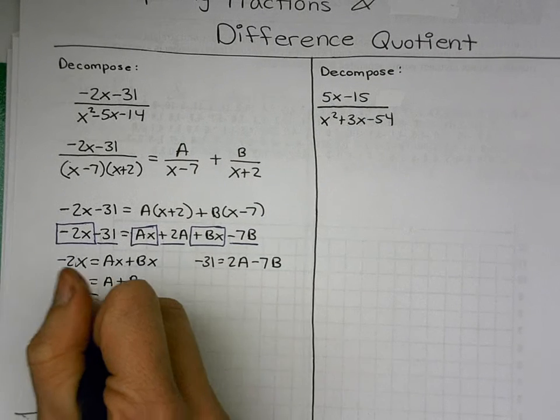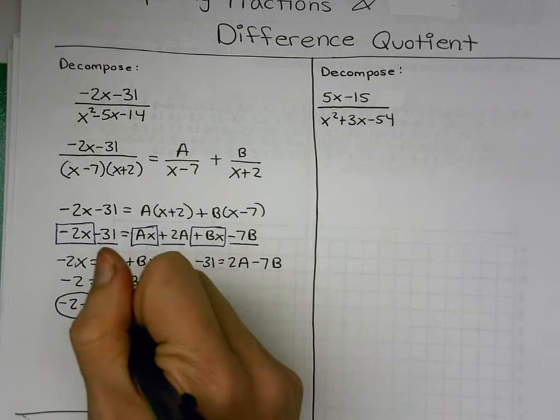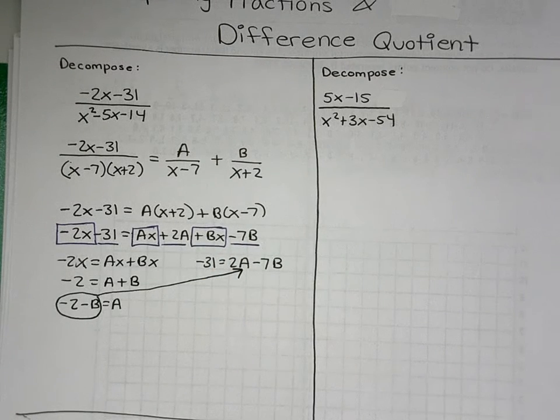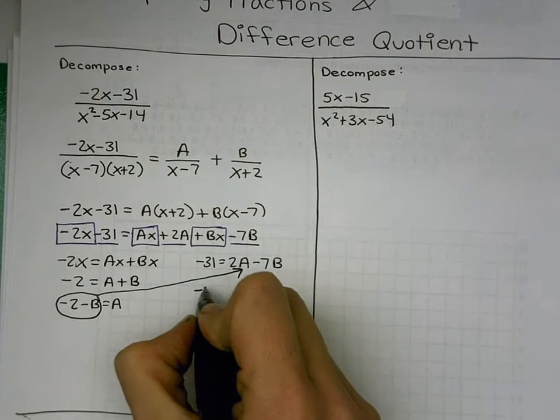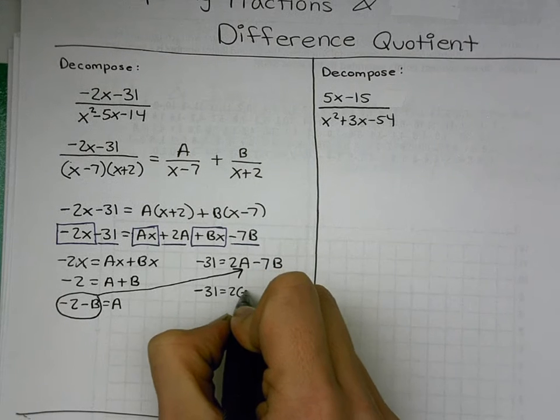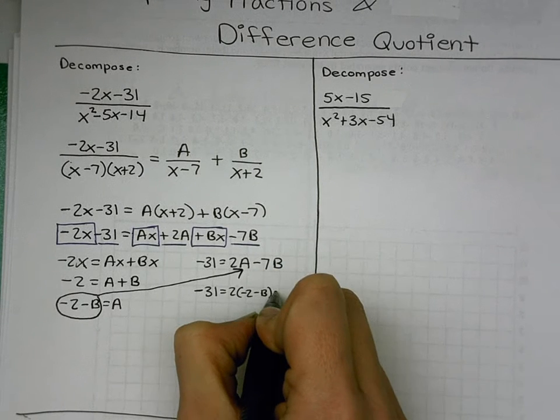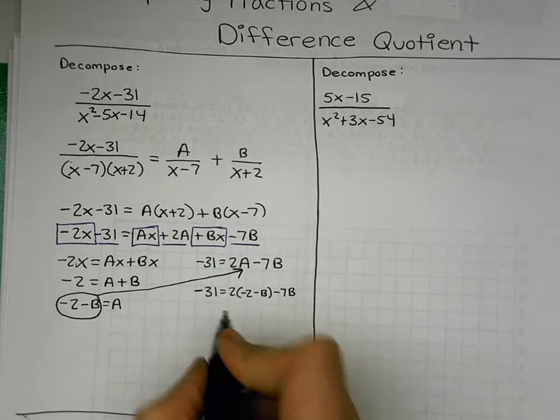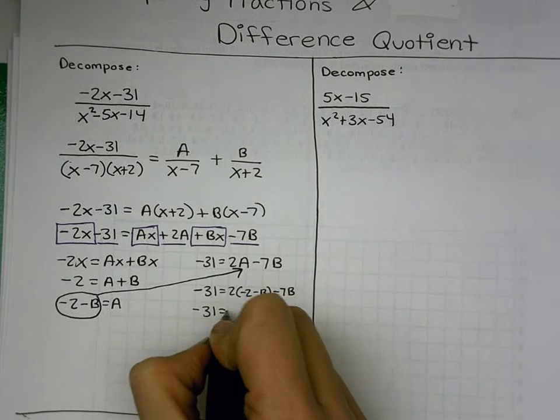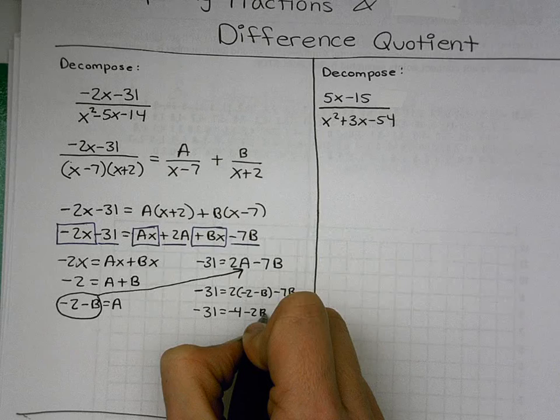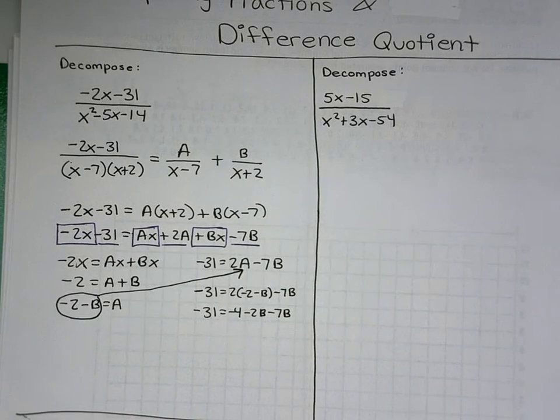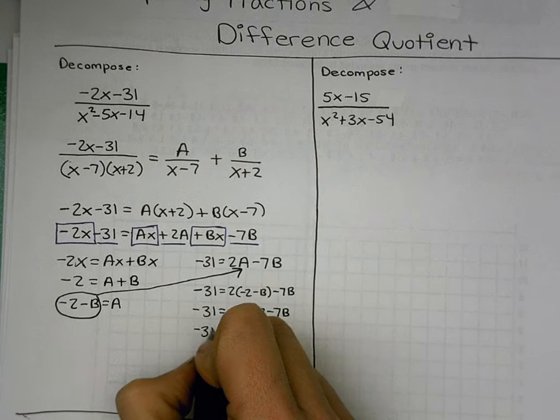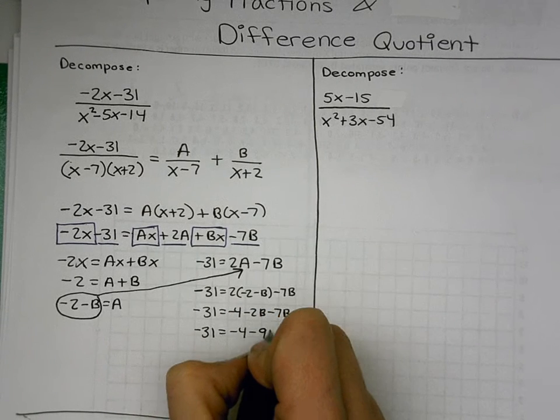Now this negative 2 minus b is going to get plugged into the a's spot, so we have negative 31 equals 2 times negative 2 minus b, minus 7b. Distributing, the 2 goes in to create negative 4 minus 2b minus 7b. We have some like terms that can combine, so negative 31 equals negative 4 minus 9b.